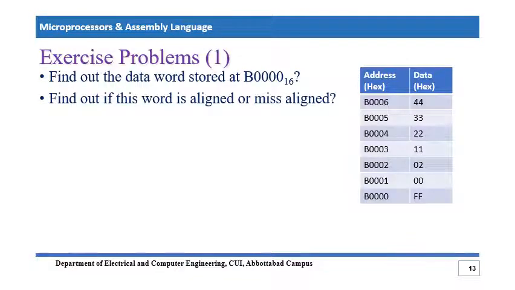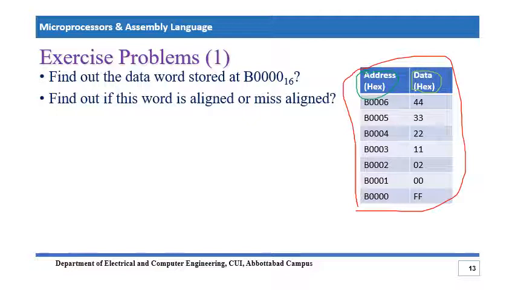Let's take an exercise problem, and here we are going to see another memory section. This is the memory section we have considered in this exercise problem. This part is the address, this part is the content of information.